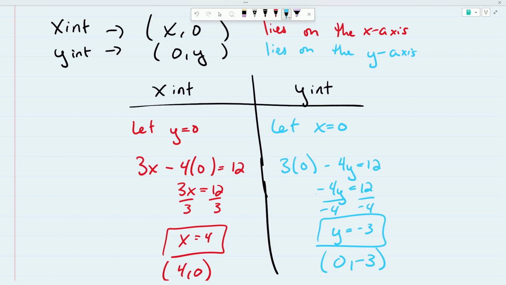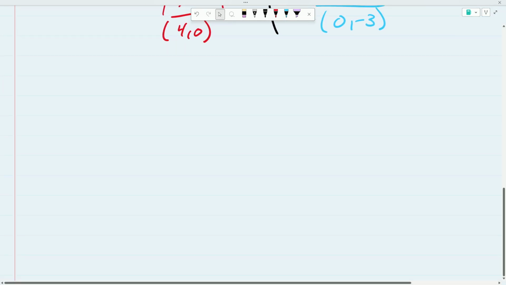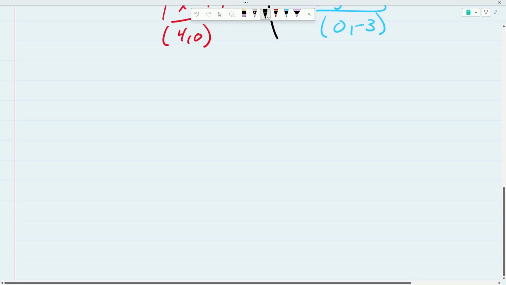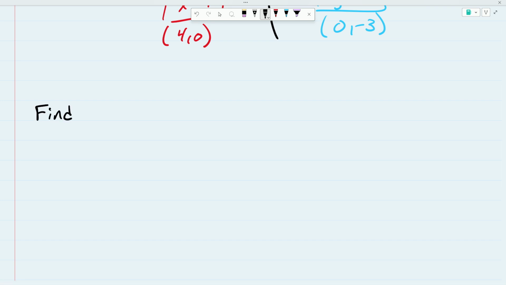Now, we're going to branch out a little bit further, and that's going to be the title of this section, which is finding equations of a line. There are 2 formulas that you may remember, and they have very special names, and they're very important for us to know.